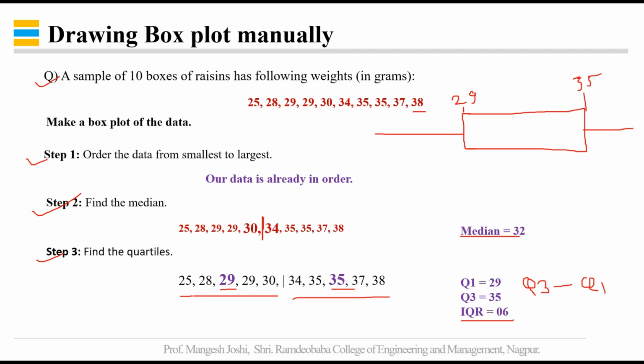Then IQR is 6, so this is 6, and your median is 32. So 29, then 30, then 31 and 32. This represents the median, which is 32.